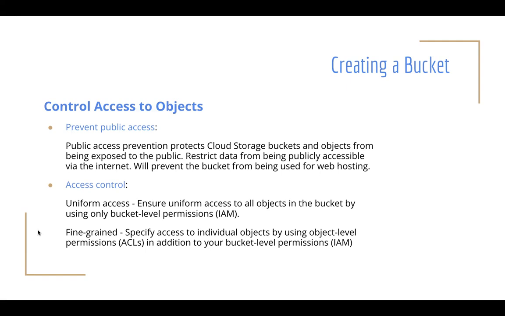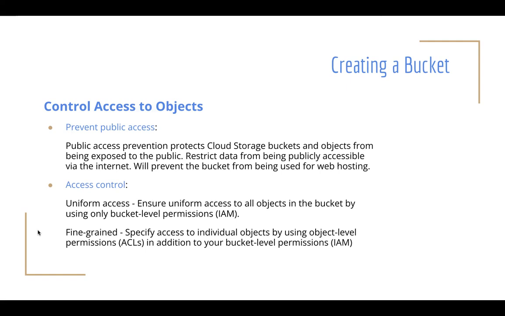So for this option to prevent public access, it's used for preventing your data from being accessed over the internet. It is not exposed to the public over the internet, right?